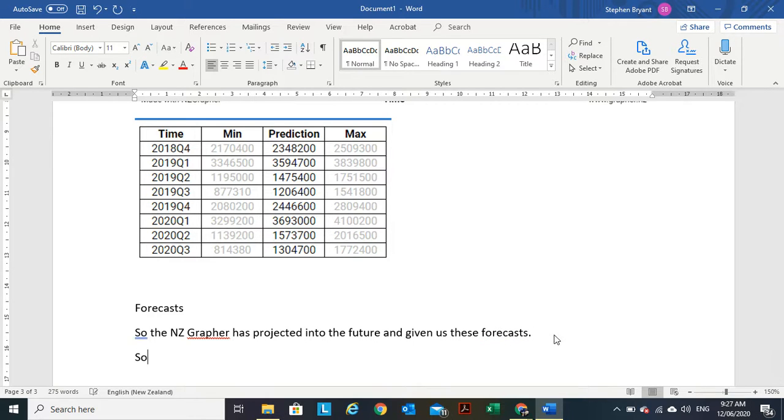Okay, so by following the upward trend and adding the seasonal effects.